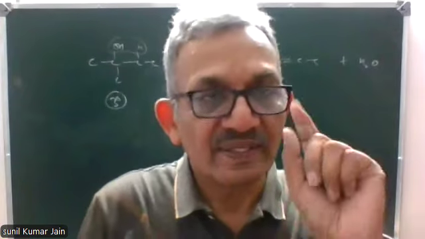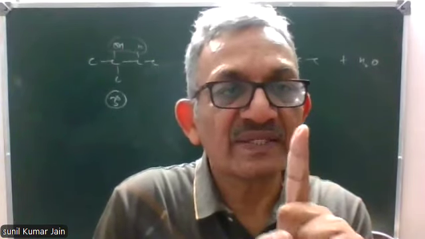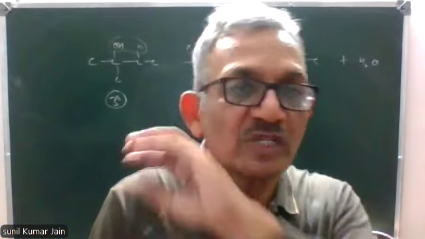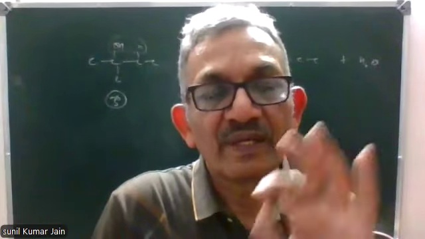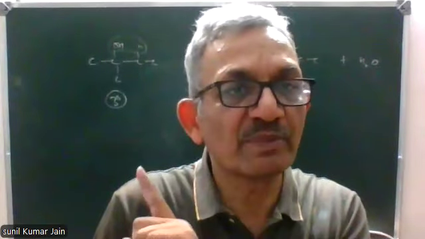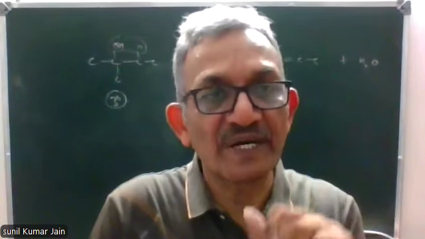Number 1, break C double bond C. You just keep on writing. When I give you example, then only you will be able to understand. Number 1, break C double bond C. It means this will split into 2 parts.